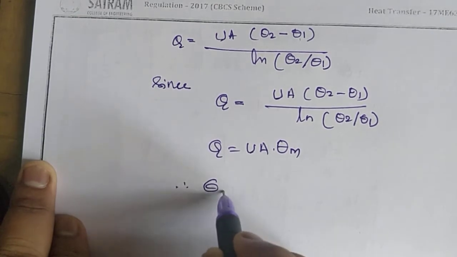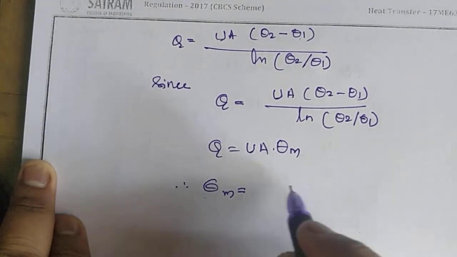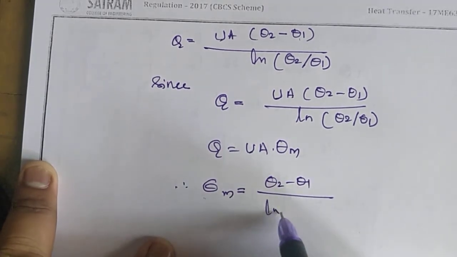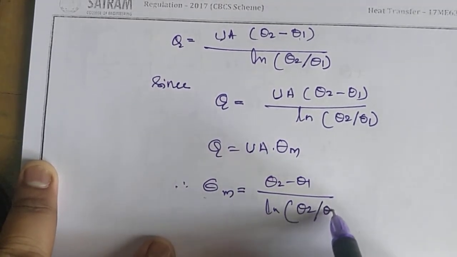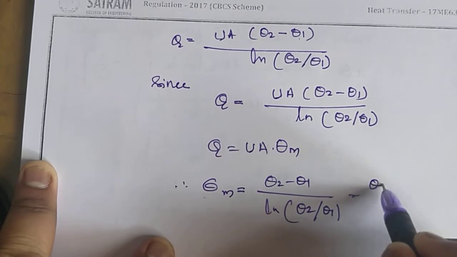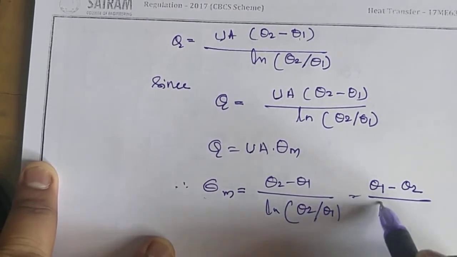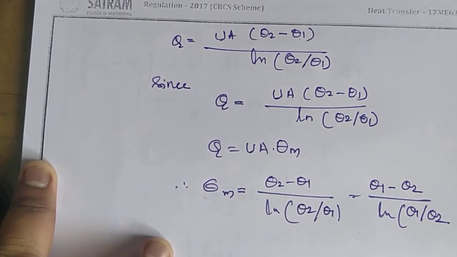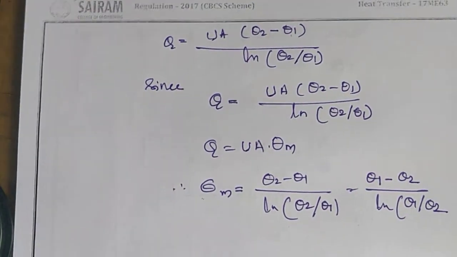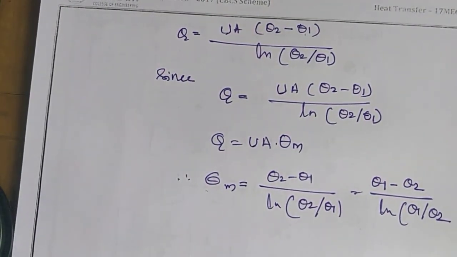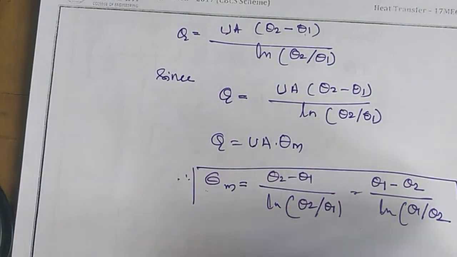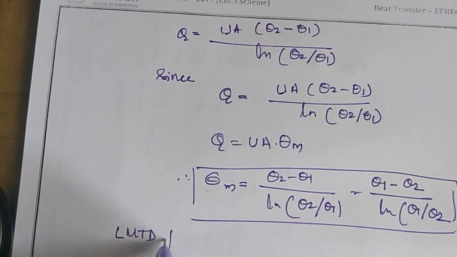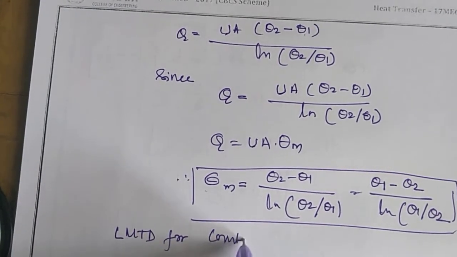Therefore theta m is equal to (theta 2 minus theta 1) divided by ln of theta 2 by theta 1, or (theta 1 minus theta 2) divided by ln of theta 1 by theta 2. So this is the LMTD for counterflow.